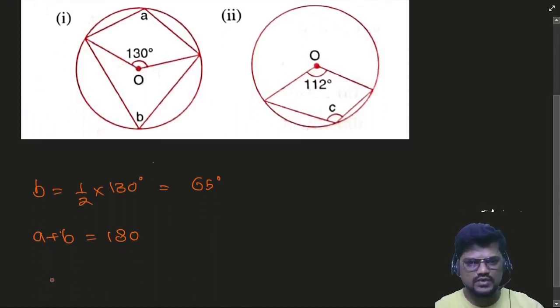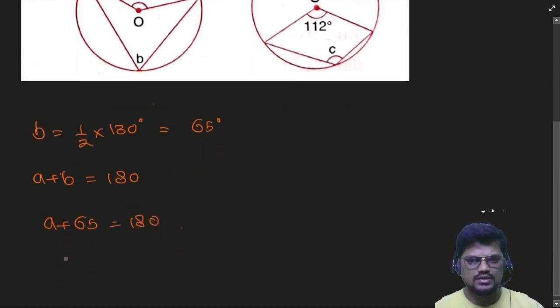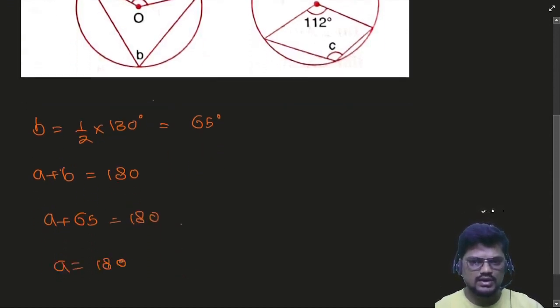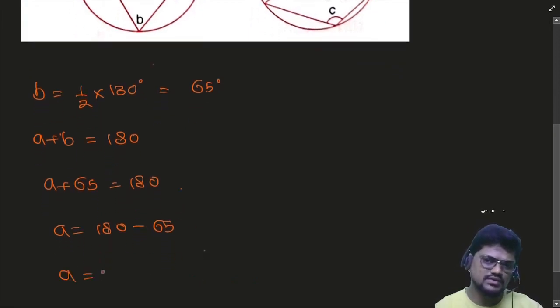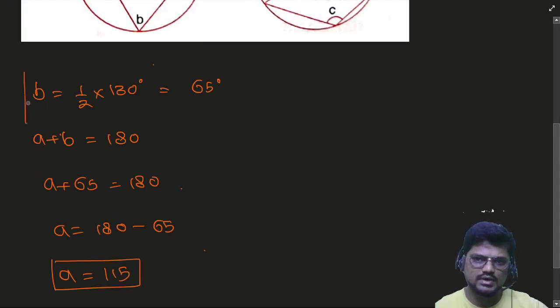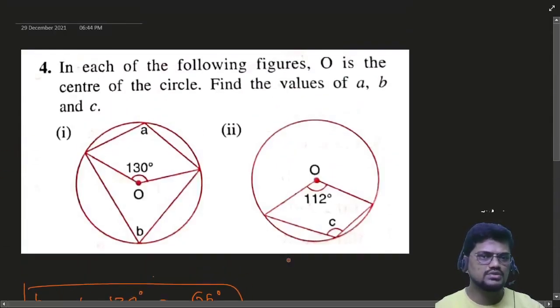Therefore, if I put 65 over here, A plus 65 equals 180, then A equals 180 minus 65. So 180 minus 60 is 120, then minus 5 is 115. So we got the value of A as well as B. Understood this, the first one? Yeah. Can you tell what will be angle C? Any one of you?